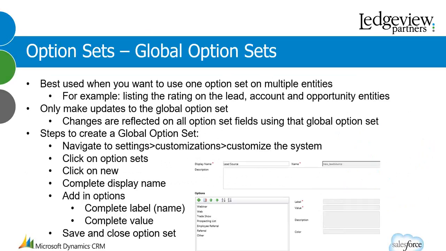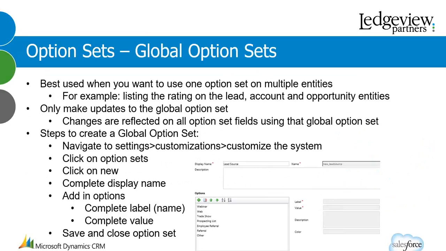One of my favorite features of option sets is global option sets. Global option sets are best used when you want to use one option set across multiple entities. For example, listing the rating on a lead, and then listing that on the account and opportunity entities.